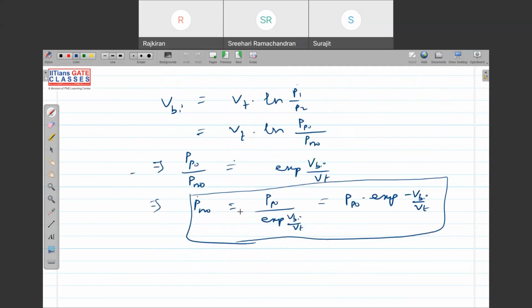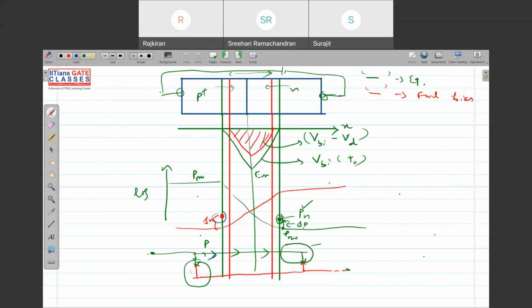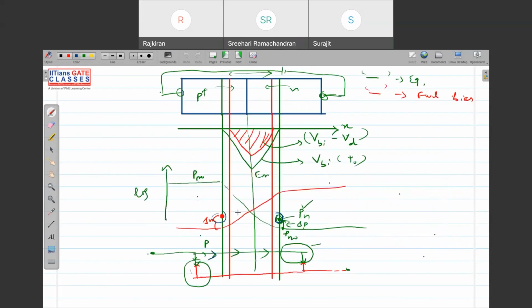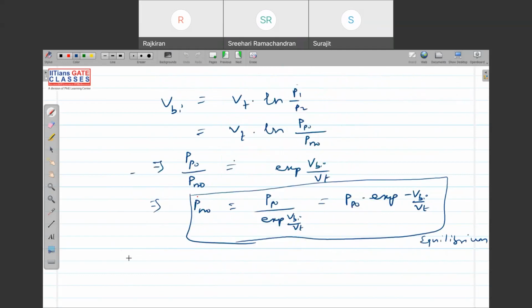Now I want to derive an equation for the increase in concentration at the junction. This is the equilibrium. At forward bias, the potential is now Vbi minus Vd. What will happen?